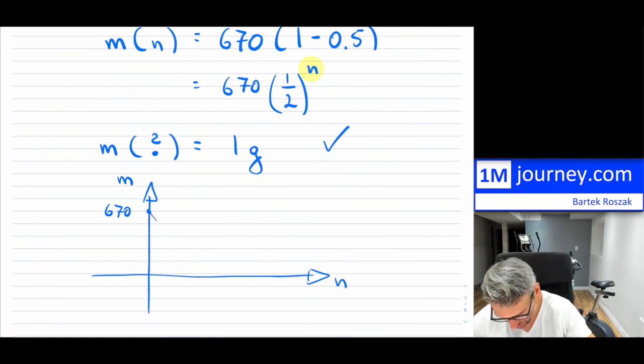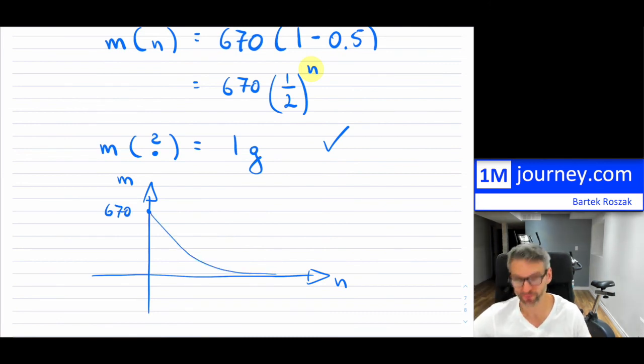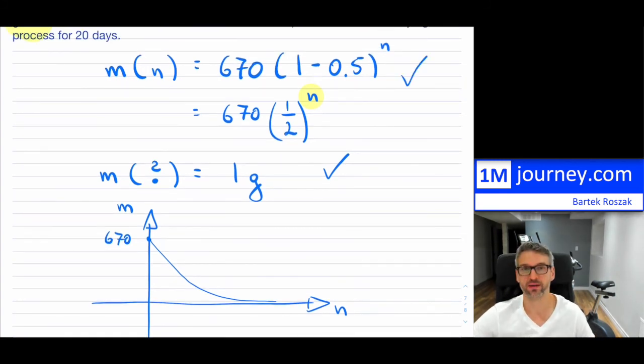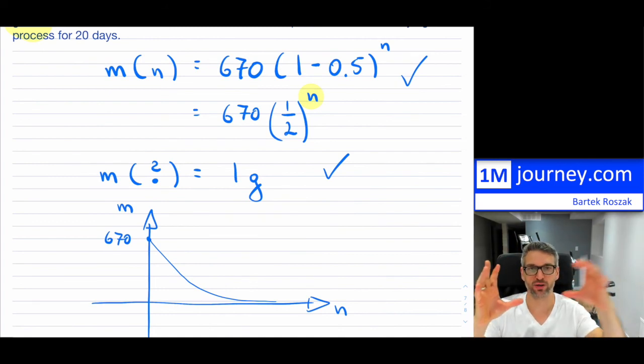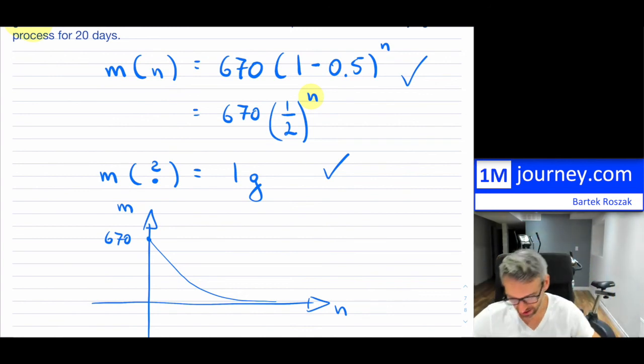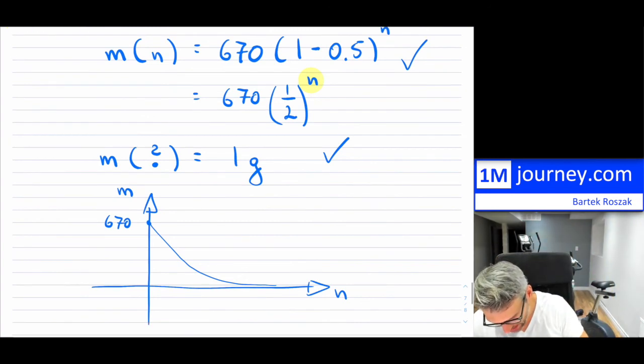Now we know it's going to be decaying like this, right? Because that's what an exponential function does. By now you should know that without even graphing, because the 0.5 is between 0 and 1. That's your B. So it's going to decay. And now you want to get it all the way down to basically 1 gram.